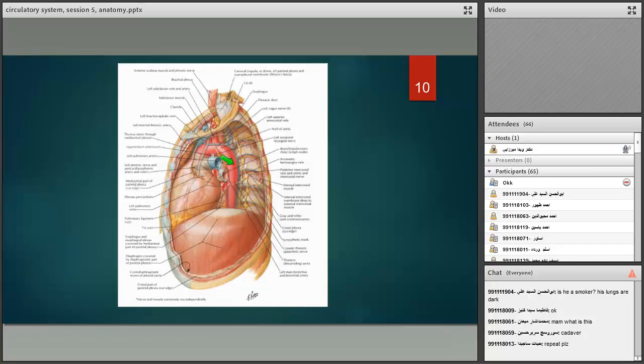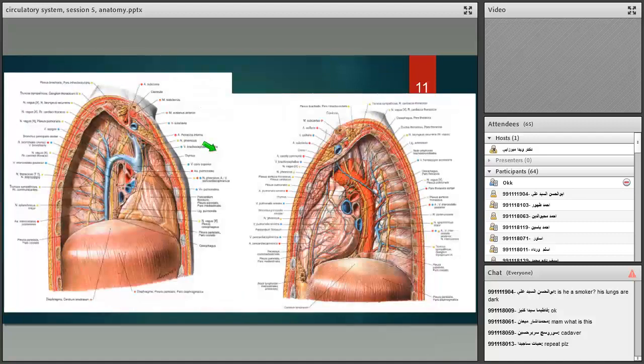Here we have the arc of aorta, and these are the elements which are passing in front of the arc of aorta. Also here we can see them. Look at here the arc of aorta. This is the vagus nerve. And this one is the phrenic nerve, a nerve for the diaphragm. They are passing in front of the aortic arch.